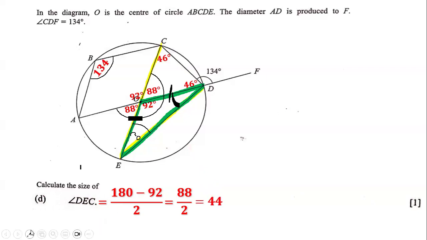That's why this angle right here is 44 degrees. And the same thing is true because this angle right here is also 44 degrees. That means that angle DEC is 44 degrees, and that's the answer to this particular question.